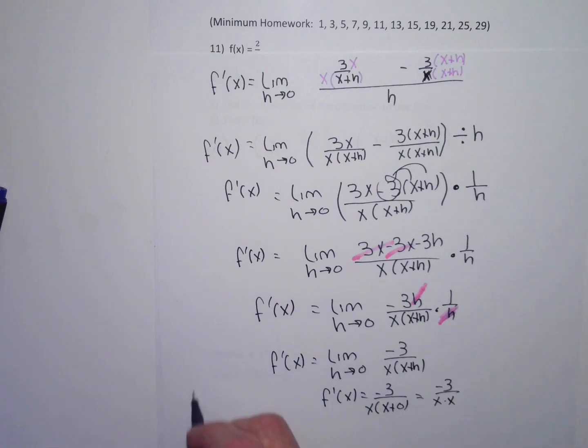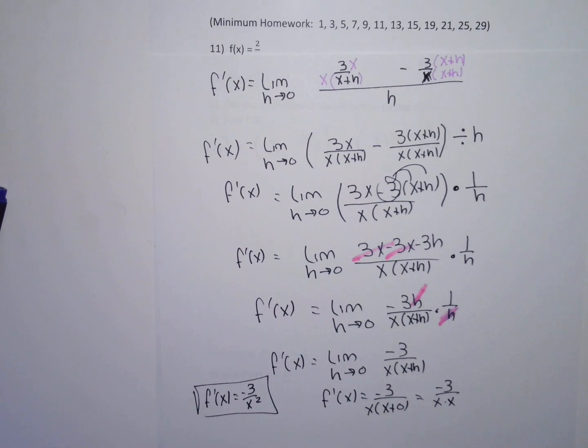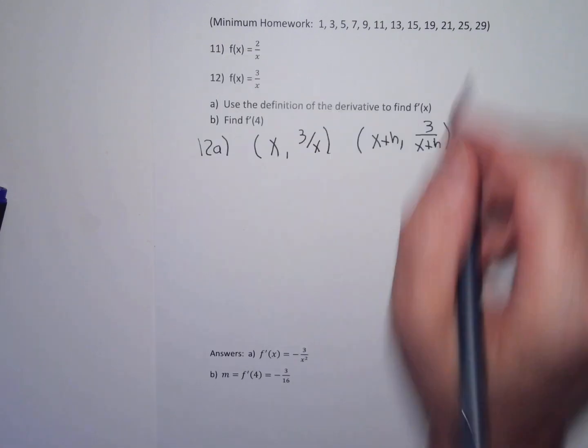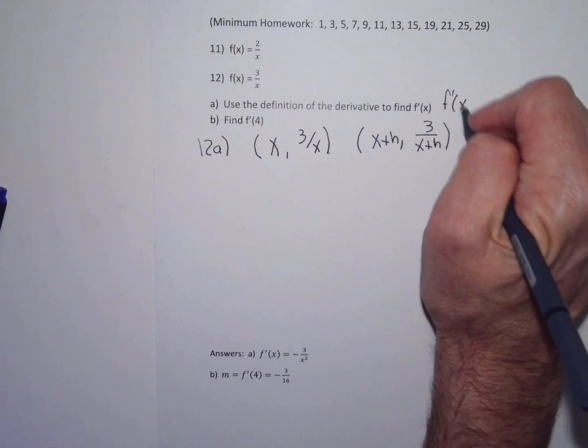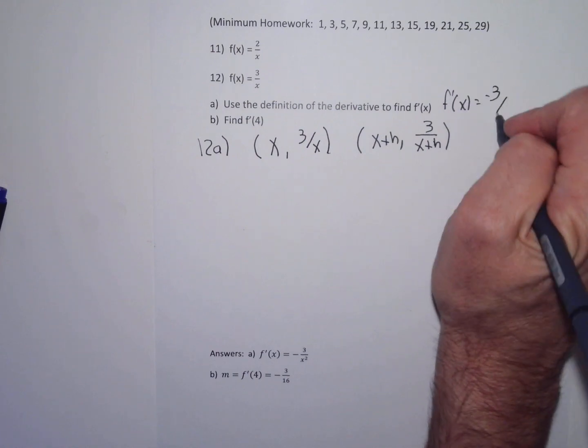And my answer to part A, the derivative, is negative 3 over x squared. That's a lot. Together, step by step, hopefully it's followable. So the answer to 12a, the derivative, f prime of x, is negative 3 over x squared.